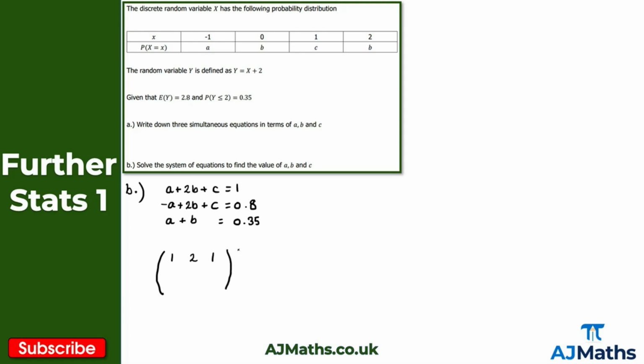And then we're going to multiply this by a, b, c. My next row would be equation 2, so that would be minus 1, 2, 1. And finally, my last row would be 1, 1, 0. We don't have any c values, so that's just 0. And the product of these two matrices must be equal to 1, 0.8, and 0.35.